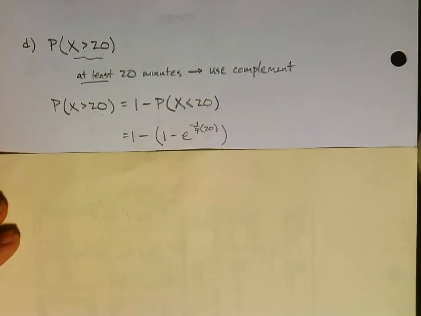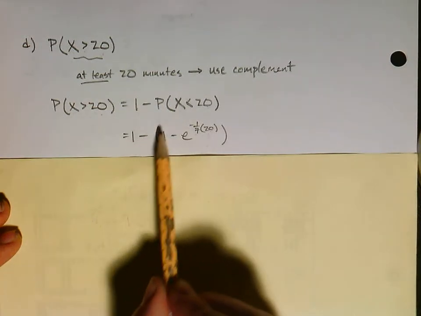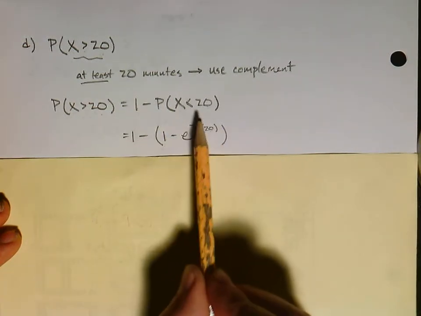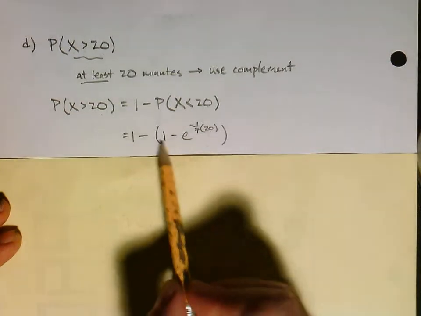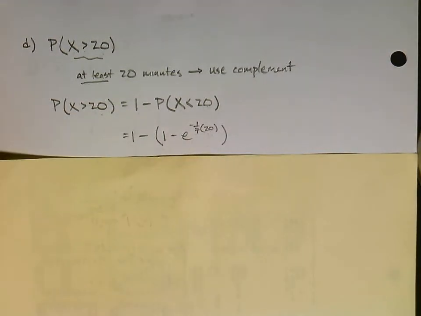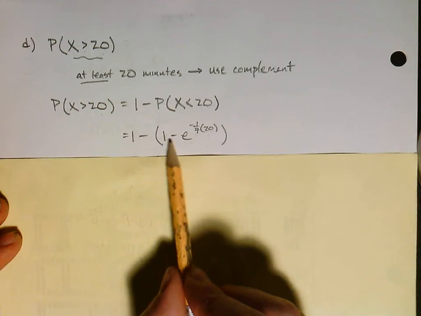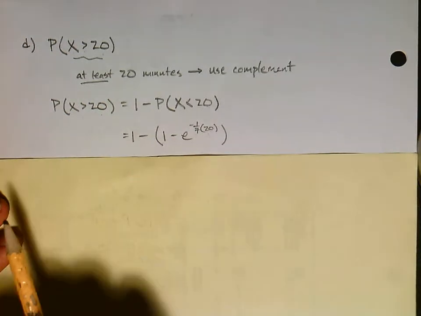So if I go down, I'm going to carry down that 1 minus, and then put a nice set of parentheses and use my formula, plugging in 20. 1 minus e to the negative 1/7 times 20. And there's almost like this doubling of 1 minuses, like that almost feels like a complement right there, this 1 minus, but it's not.